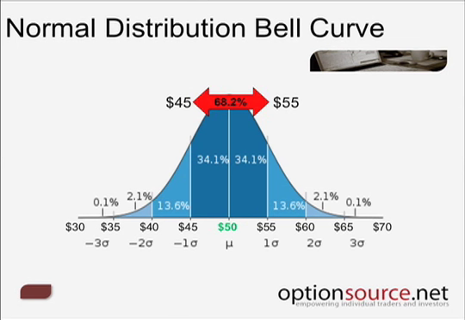Now, in this scenario here, as I said, the market maker is looking at the underlying security remaining between $45 and $55 within a certain time frame, and they've established a 68.2, or close to a 70%, probability that that's going to take place.